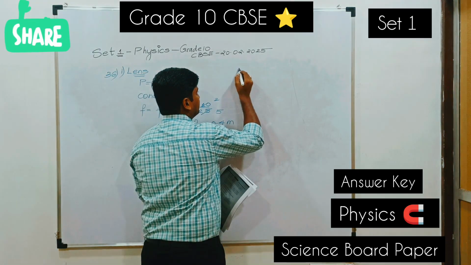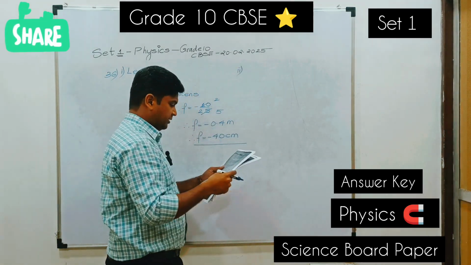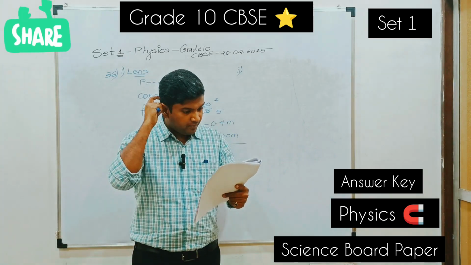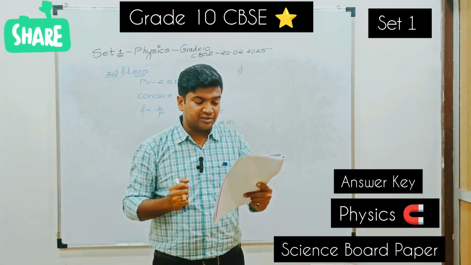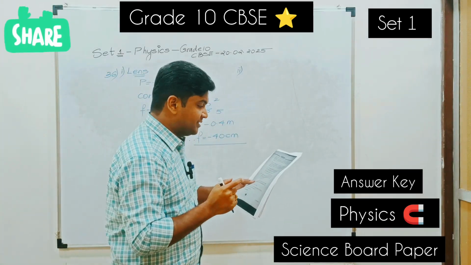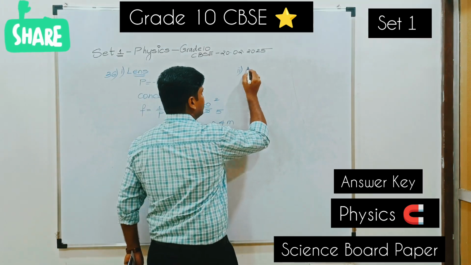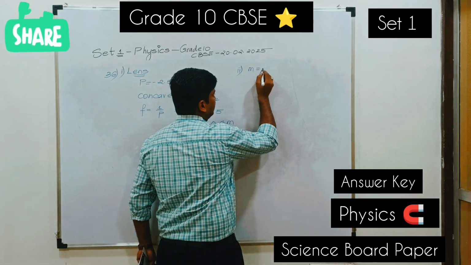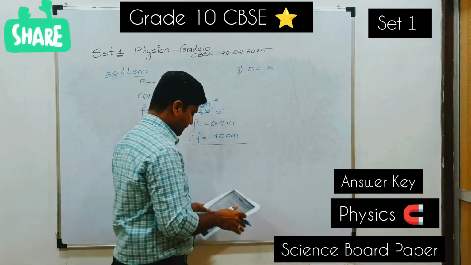Now, second one. The value of magnification m for a lens is -2. Okay, so magnification is minus 2.